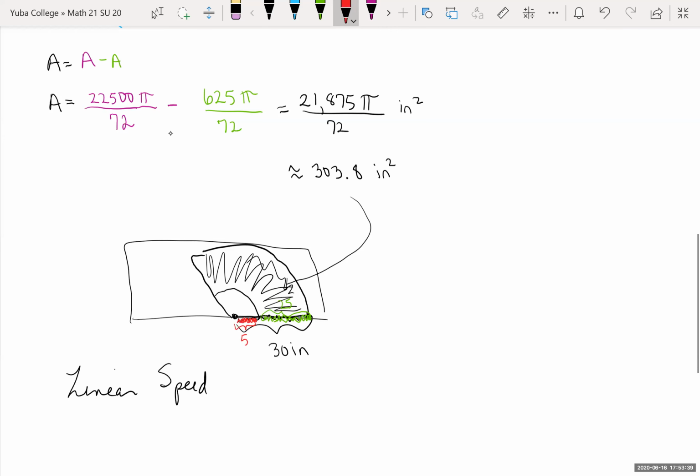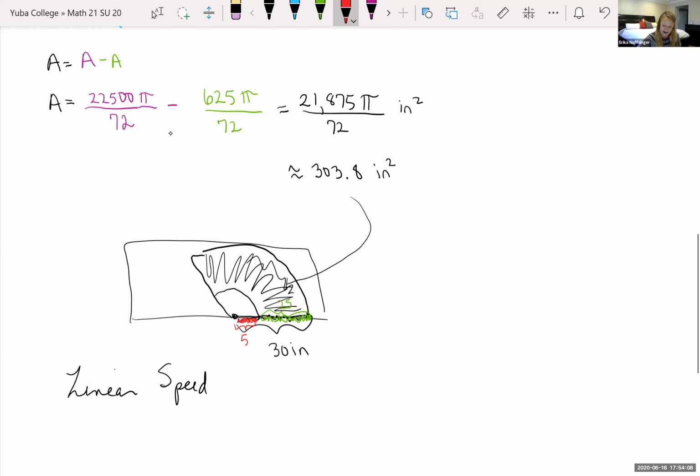Oh, I got a different answer. Did you? Let me make sure. You know what? You're probably right. Maybe I didn't multiply that by pi. Yeah, I forgot to multiply by pi when I threw that in the calculator.